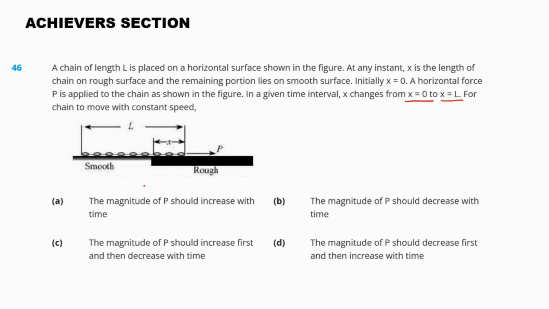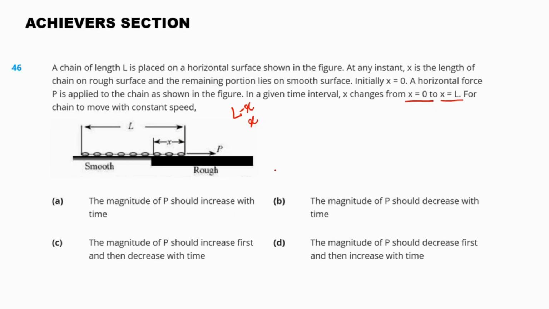So, first, let's see what is happening physically. As the chain is pulled to the right, a length x of chain lies on the rough surface. The remaining L minus x is on the smooth surface where there is no friction. Correct? Only the portion on the rough surface experiences friction. So, this portion only x is getting friction.